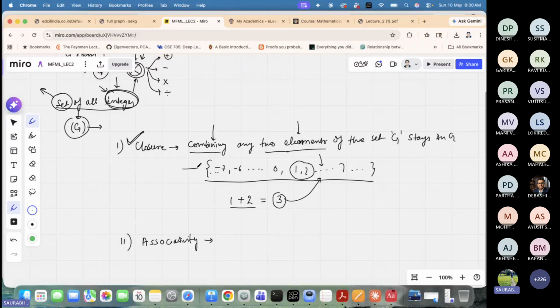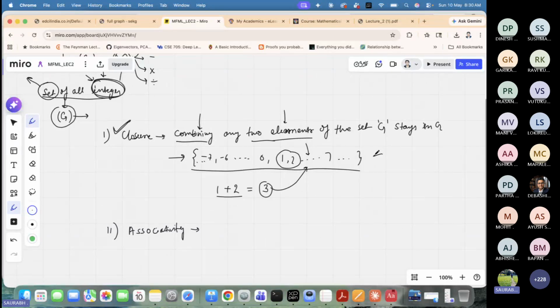Let's stick to the set of integers just for the sake of making you understand it. Associativity says that when we take three items from the set, let's say A, B, and C, it doesn't matter how we combine them. Let's say the operation is still addition.